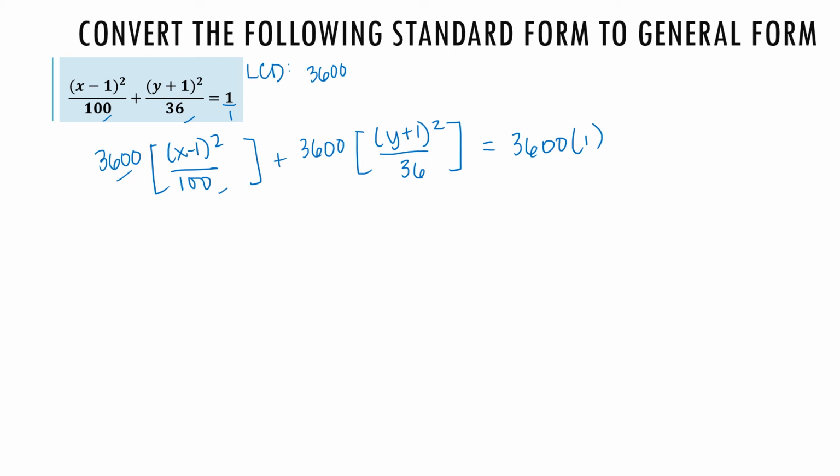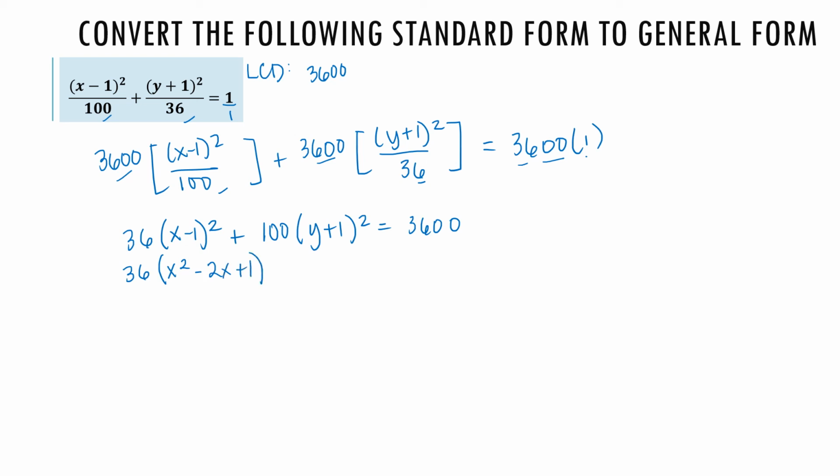3,600 divided by 100 is 36 times x minus 1 squared. 3,600 divided by 36 is 100 times y plus 1 squared. And 3,600 times 1 is 3,600. Expand. 36 times x squared minus 2x plus 1 plus 100 times y squared plus 2y plus 1 equals 3,600.